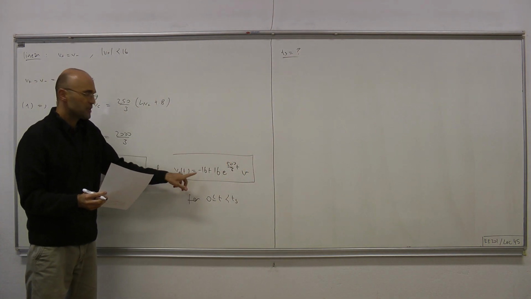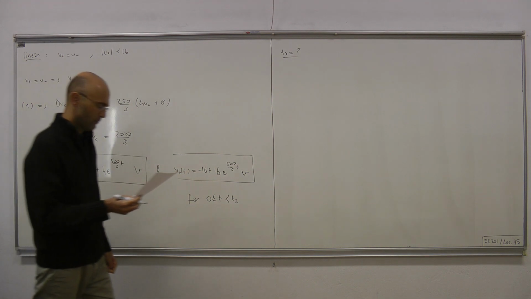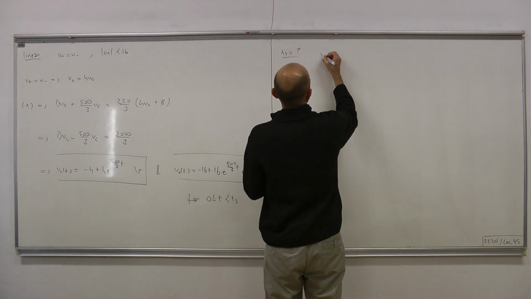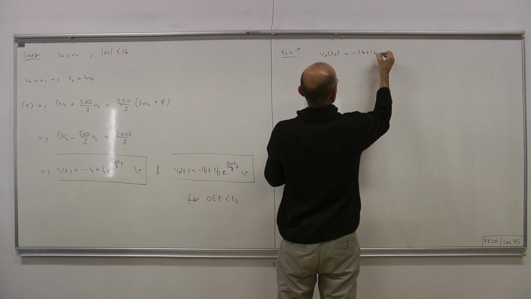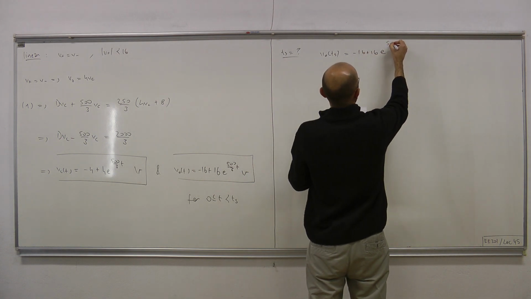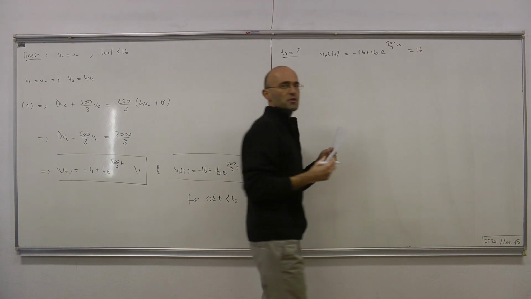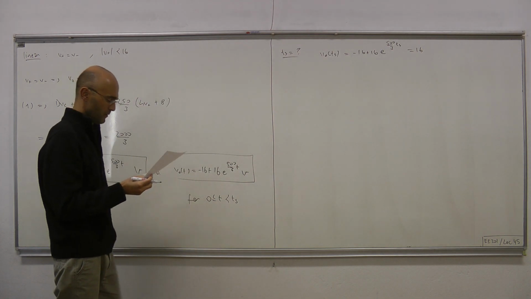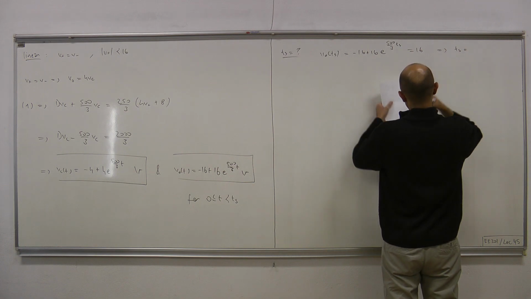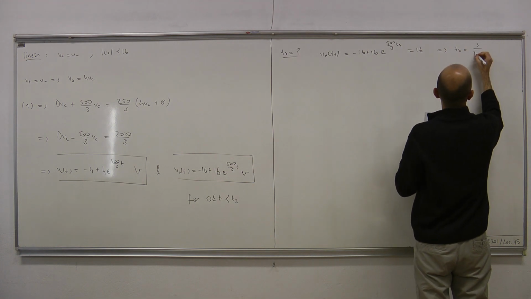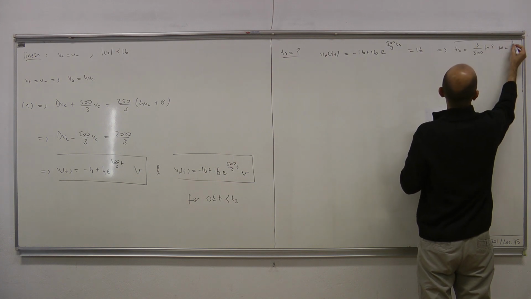Ts is the time when the magnitude of V out becomes 16. So that implies V out(Ts) equals minus 16 plus 16 e to the 500 over 3 Ts, and that equals the border voltage 16. That yields Ts equals 3 over 500 ln 2 seconds.